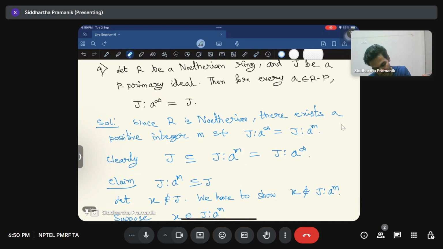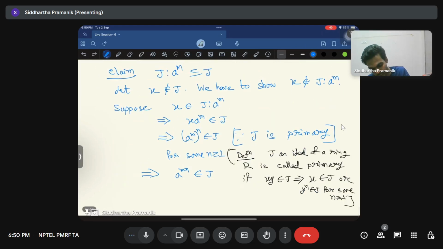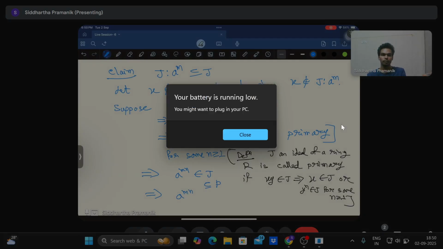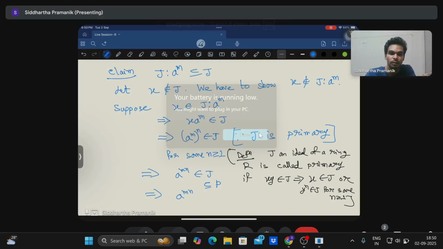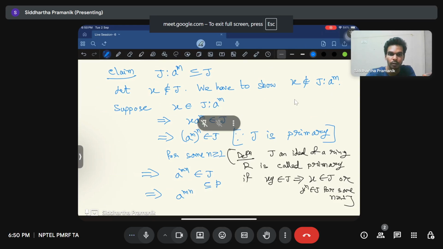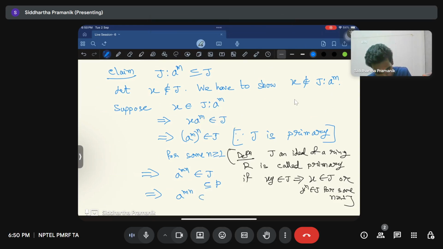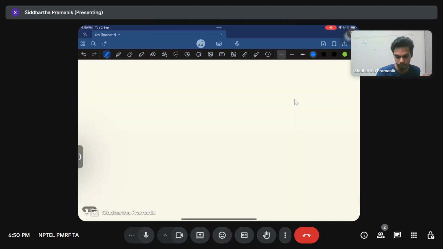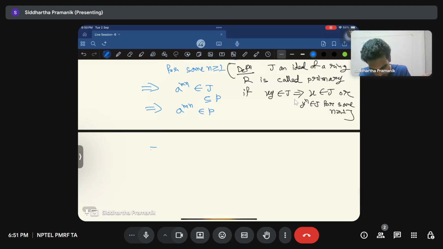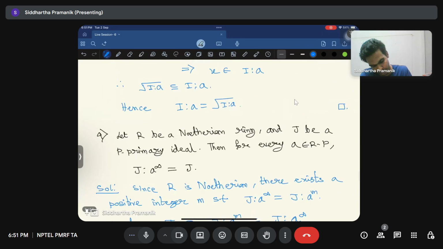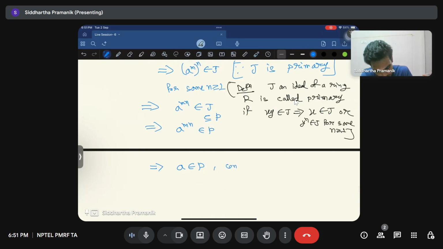But a is in R minus P. So J is a subset of P. So this implies a power mn belongs to P. But P is a prime ideal, so this implies a belongs to P. But this is a contradiction because we have taken a from R minus P.